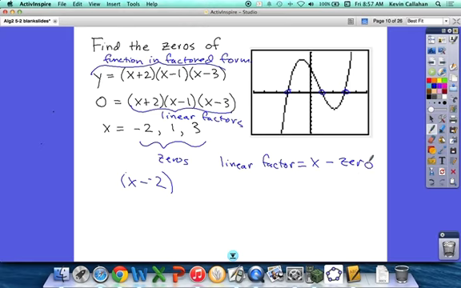Okay. But if you had x minus -2, you wouldn't write it like that. You're just going to change the minus and negative to a plus. So when you see a plus, that means -2 is the 0. You see a minus, then +1 is the 0.